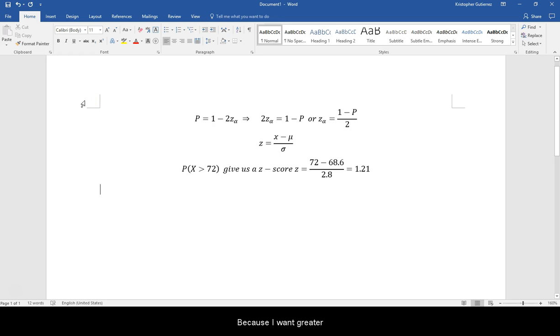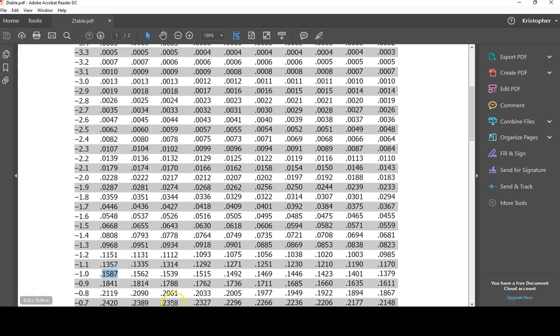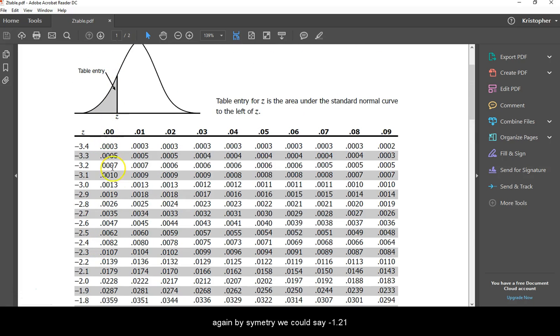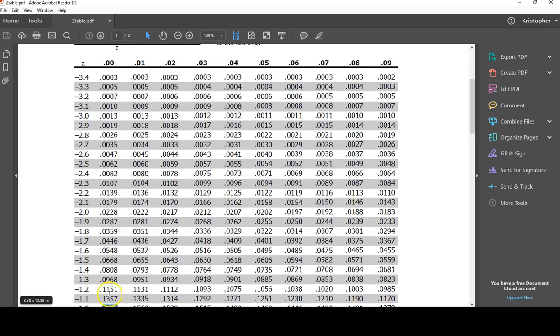So z is equal to 1.21. By symmetry, we could say negative 1.21, which would give us 0.1131, or that 11.31% are above 72 inches.